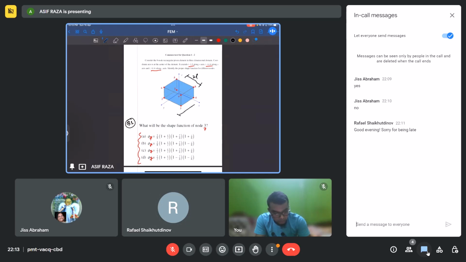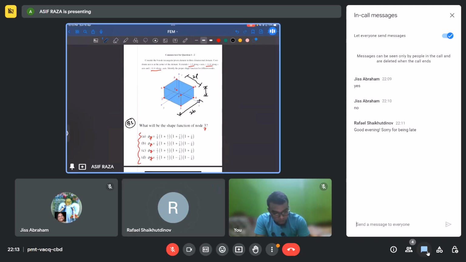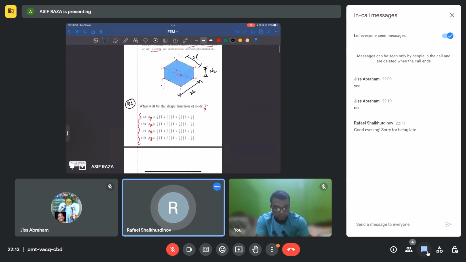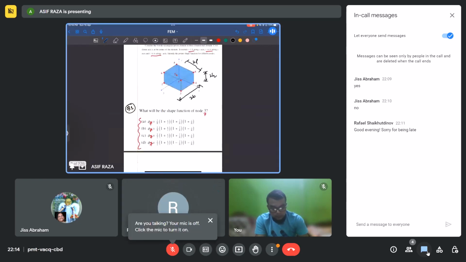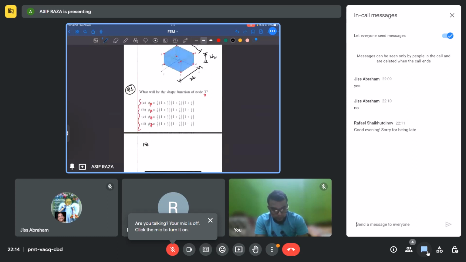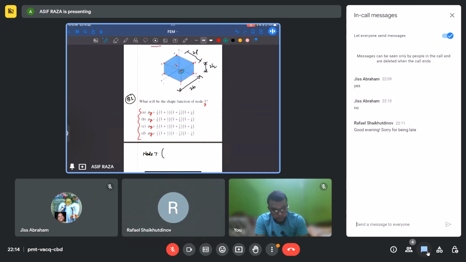Along the y-axis, it's 2B, and along the z-axis, it's 2H. So first, what will be the coordinate for node 7? It's located here.